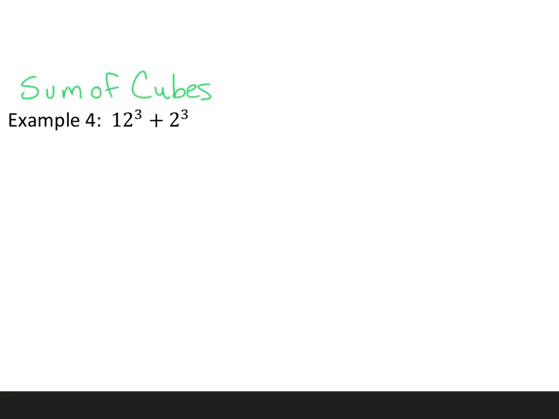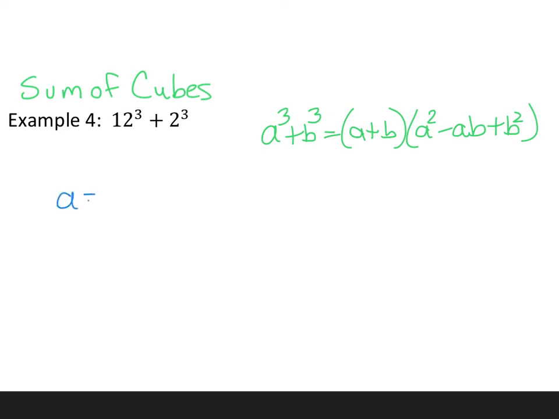So the sum of cubes, the identity says that we have a cubed plus b cubed equals a plus b times a squared minus ab plus b squared. In this example here, what's being cubed is a 12 for a and a 2 for b.